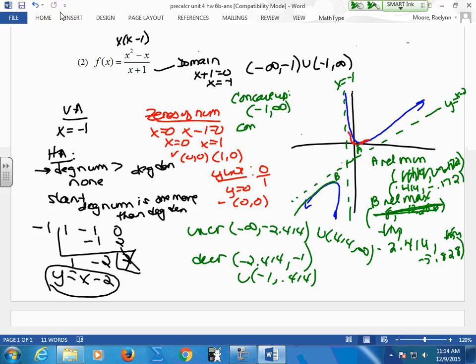So my concave down is from where? To -1. Good. Okay, so I've got my increasing, decreasing. I'm increasing, then I decrease here, then I came back over here decreasing, then I increased. Your asymptotes do strange things there, so jump over those asymptotes, be careful.